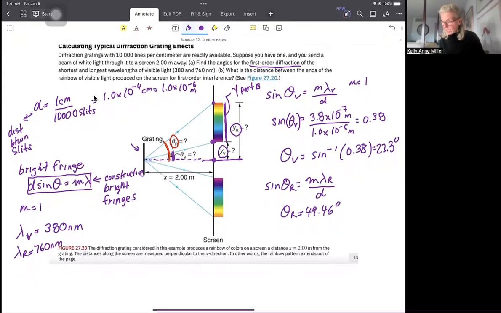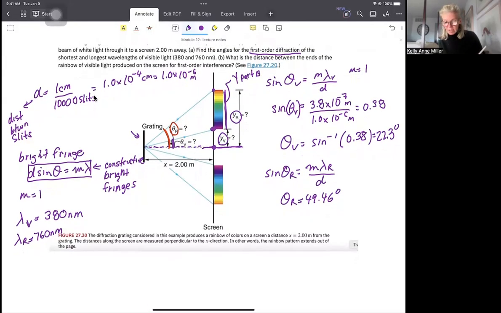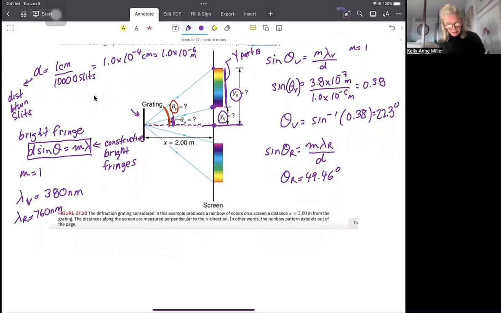And I can just use tangent for that, right? Because I know that the distance x is 2 meters. So tangent of that angle is going to be y, which is what I'm looking for, divided by x.